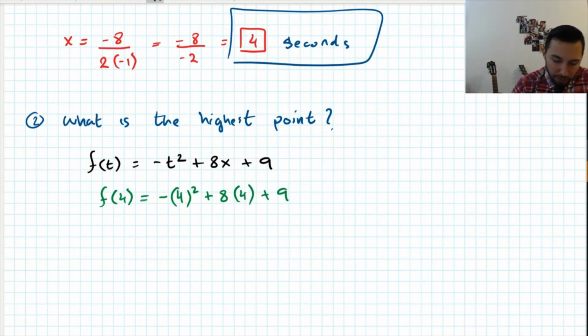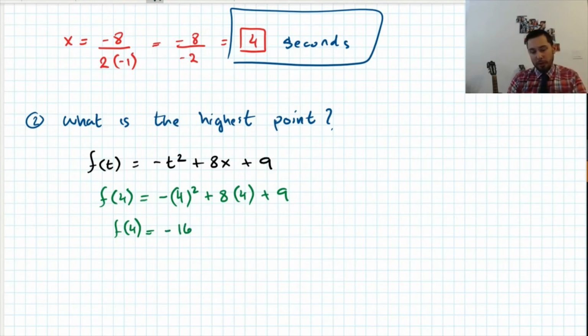Well, if I follow order of operations, this is 4 squared, which is 16. So this will be negative 16. And please make sure that you see that the negative stays outside of it, and then I bring down the 16. So it'll be negative 16 plus 8 times 4 is 32 plus 9.